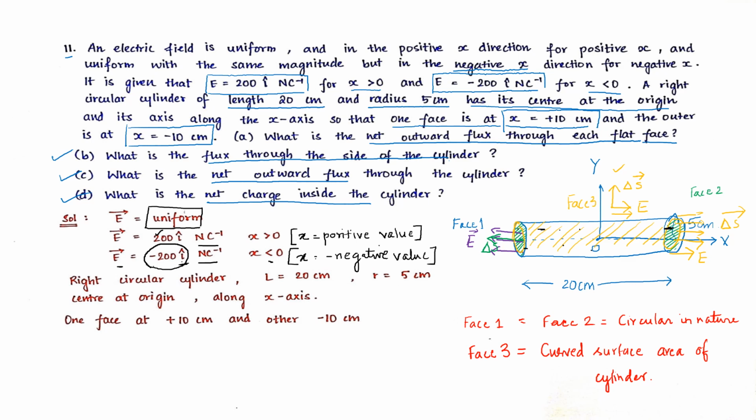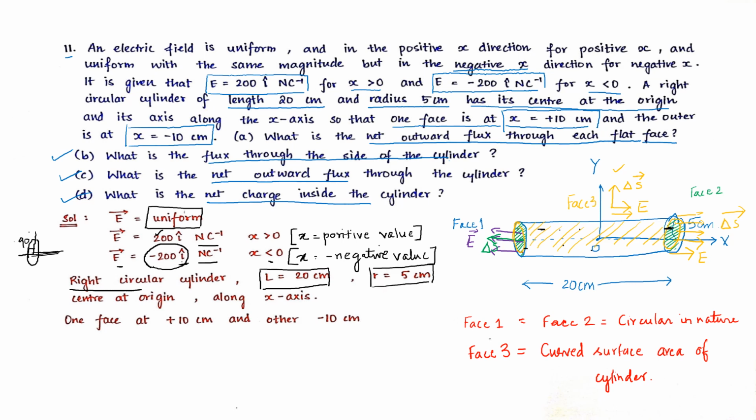Now our cylinder is right circular. Right circular cylinders are cylinders whose axis makes a 90 degree angle with the radius. Here length of the cylinder is given 20 centimeter, radius of the cylinder is given 5 centimeter.